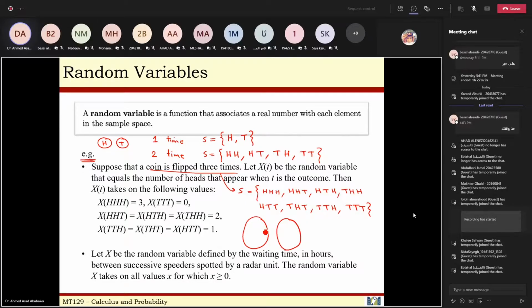This function links with real numbers 0, 1, 2, 3, maybe half, and so on. So it connects between them.